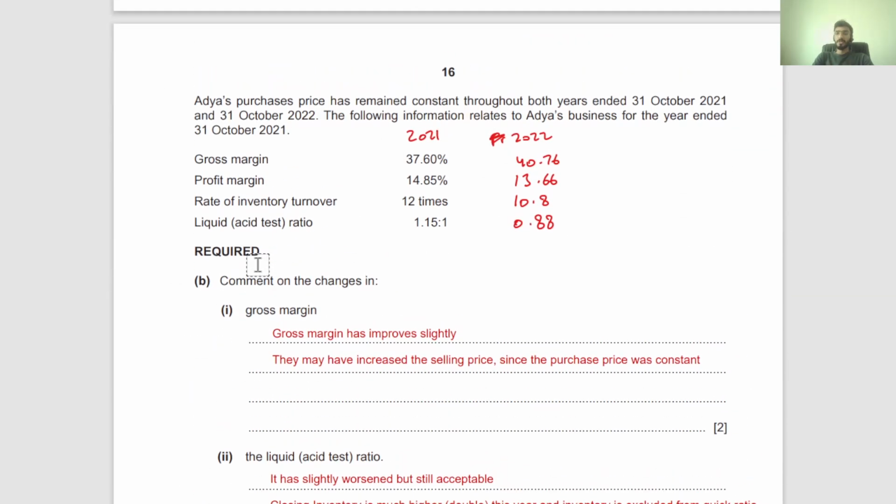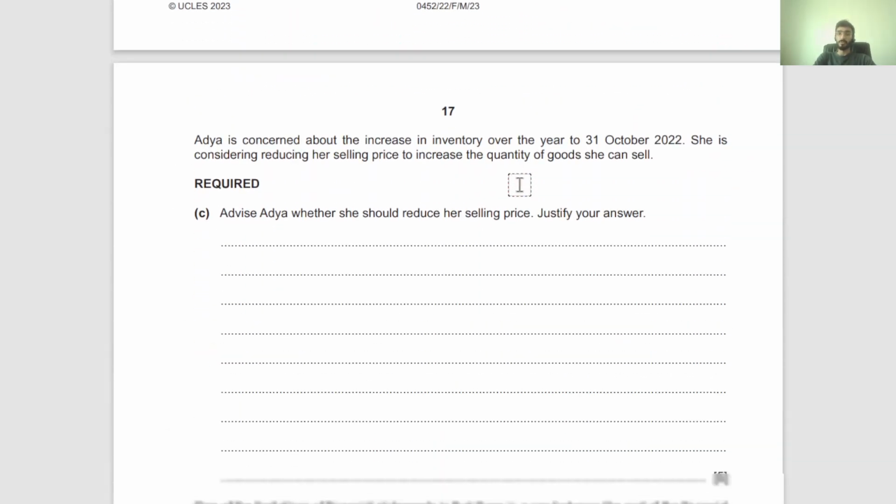So it seems last year the margin was higher and the cost was the same, meaning the selling prices were increased. The turnover is a bit low, it seems. They're also not maintaining profit margins because expenses are rising, so she needs to control expenses as well.